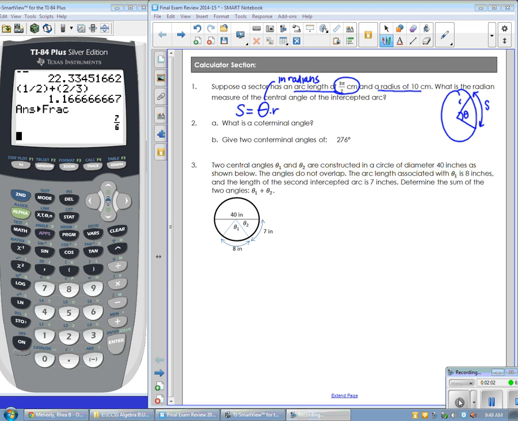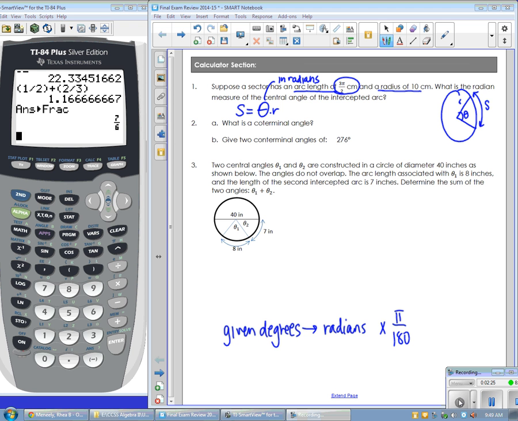And so remember, to go from degrees to radians, since in degrees, I don't have a pi. Remember, we use the degree symbol. So if I don't have the pi, I'm going to want to multiply by the fraction that has the pi on top in order to get it into radians.